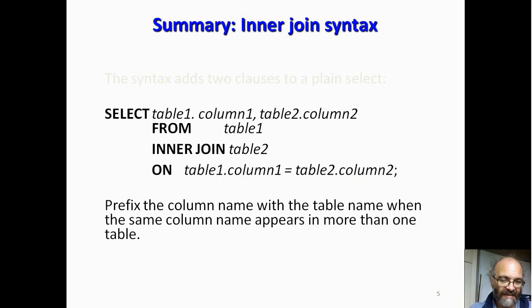We can still use where and so on, but we must prefix the column's name with the table name to avoid ambiguity. That will become quite easy once you've practiced a bit.